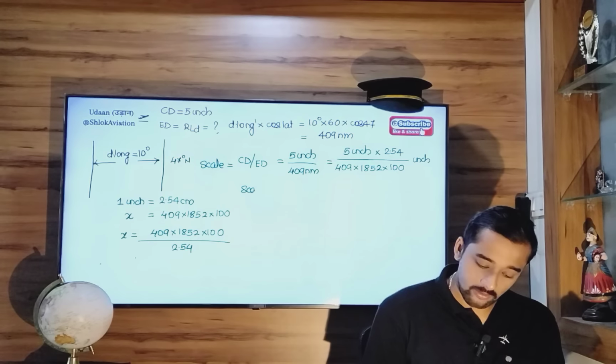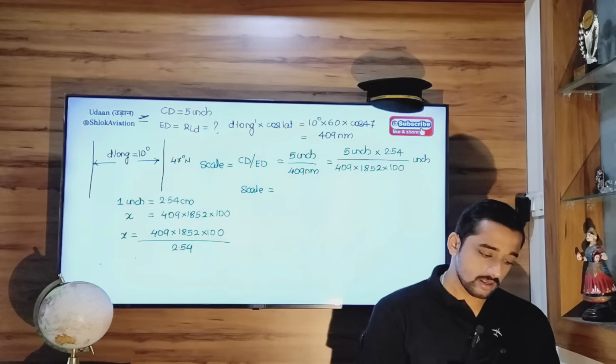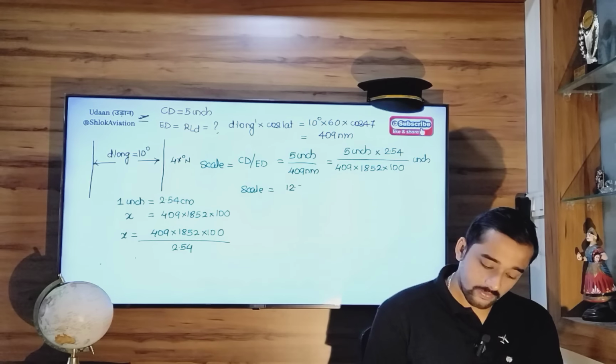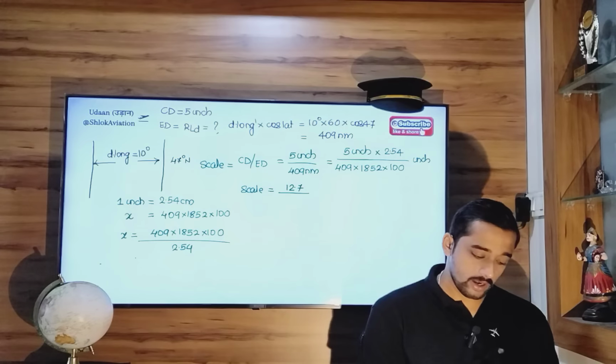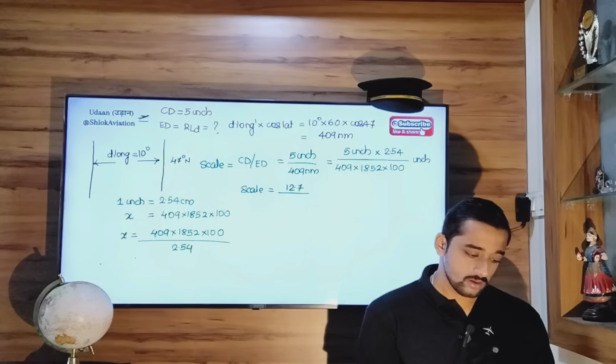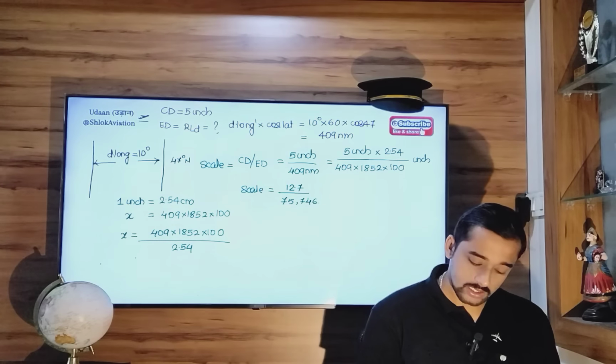So scale will be equal to 5 into 2.54, 12.7 divided by 409 into 1852 into 100, 75,746,800.